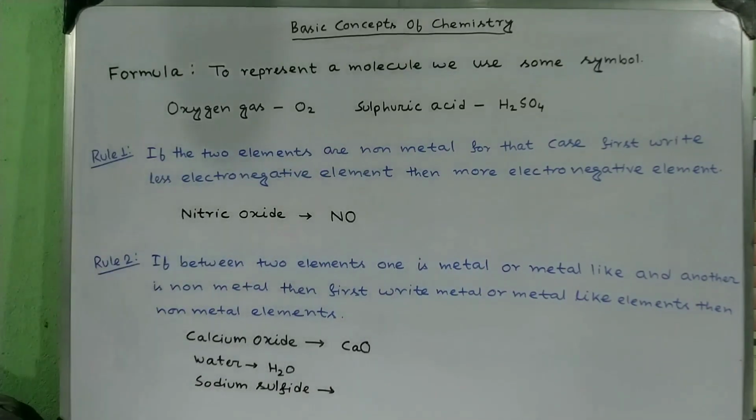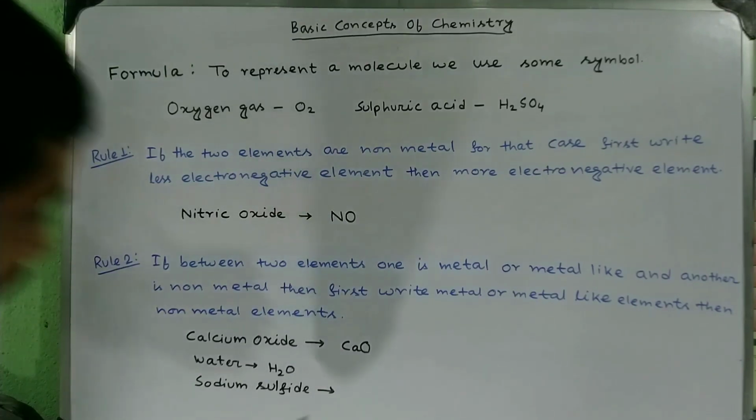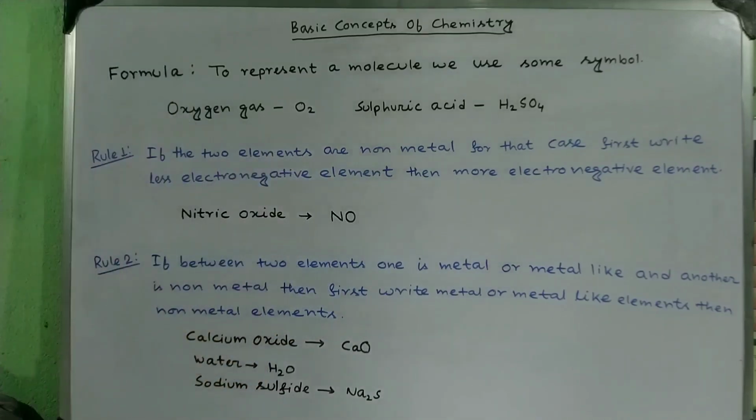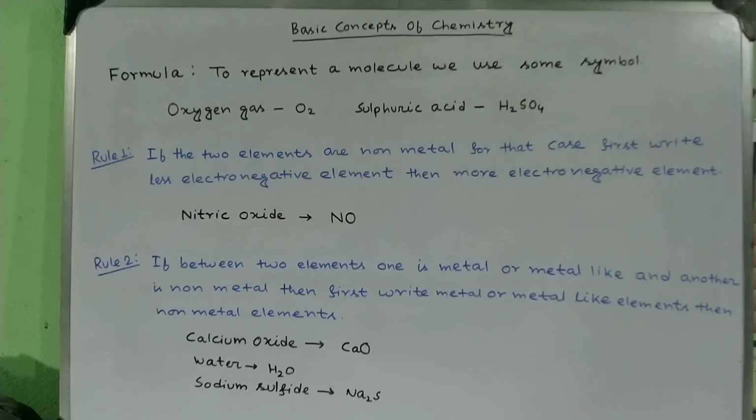What is the formula of sodium sulfide? We all know the symbol of sodium is Na, and the formula of sodium sulfide is Na2S. Clear? Now the next rule is rule 3.